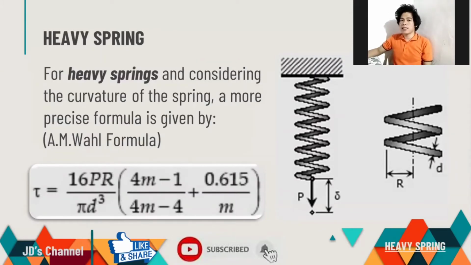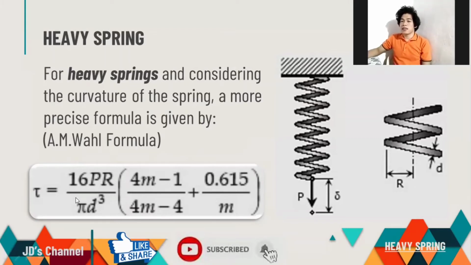So, the next one, class, is the heavy spring. For heavy springs, considering the curvature of the spring, a more precise formula is given by what we call Wahl's formula, where what is added is the Wahl factor and our m, which is the spring index.